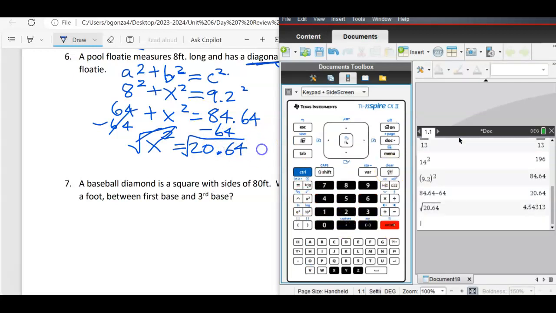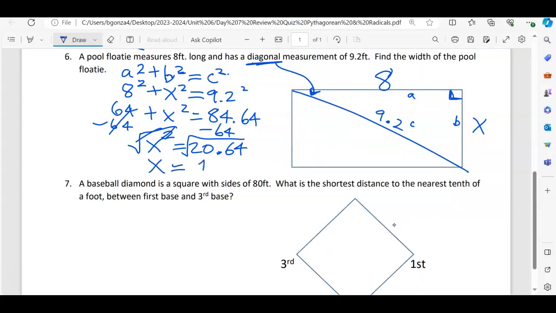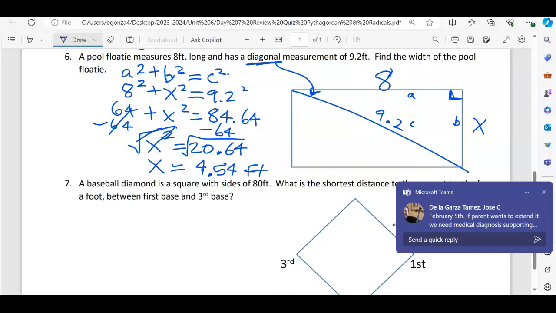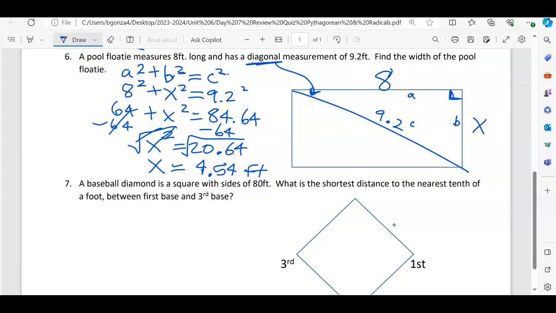And I get 4.54 feet. Cool. So you're gonna have to label the picture correctly, set it up, solve, give me the decimal answer, okay? Because there is no radical form when you got these decimals, okay?